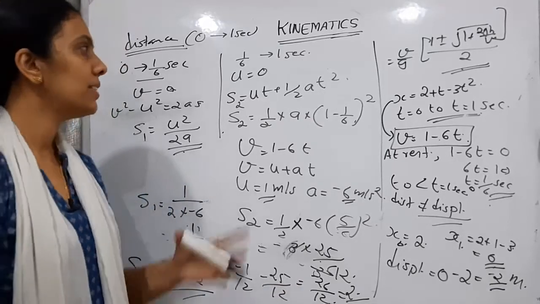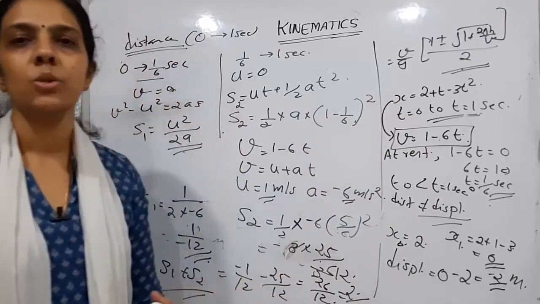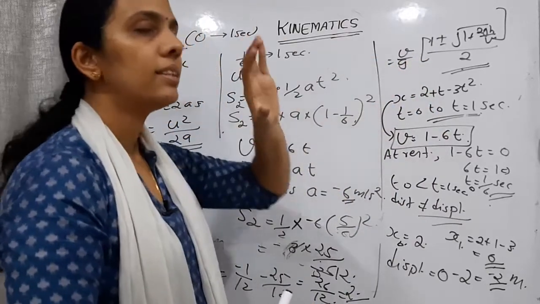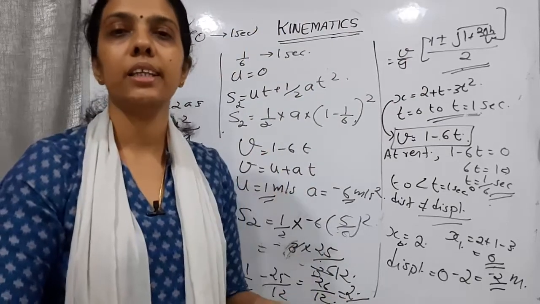Clear? So these are some of the questions. This kind of questions many times we did. So I hope it is clear for you. In these questions you should understand whether the distance and displacement are same or not. How will we identify that?